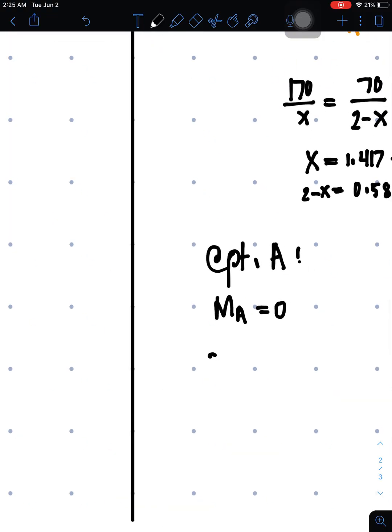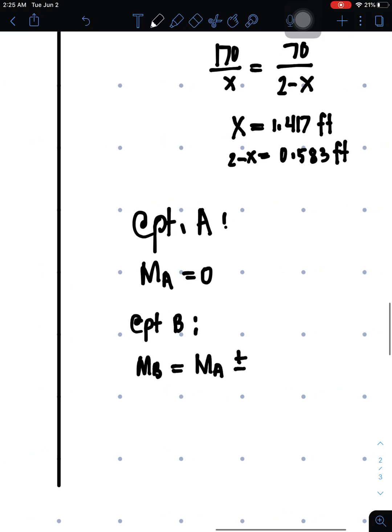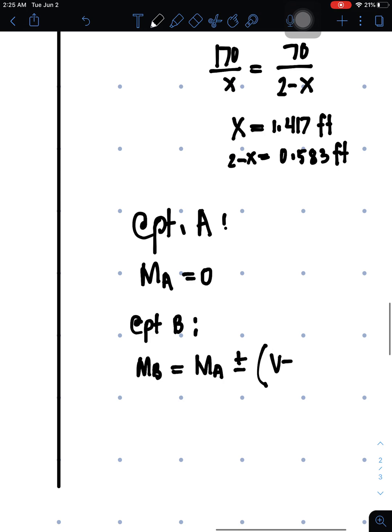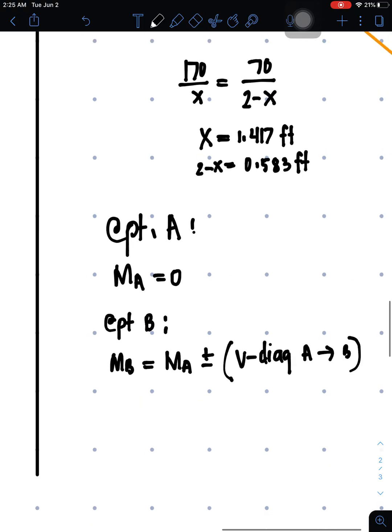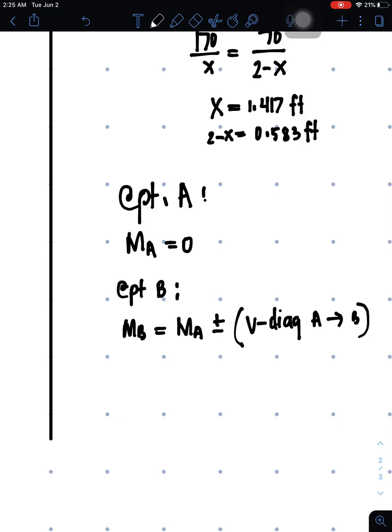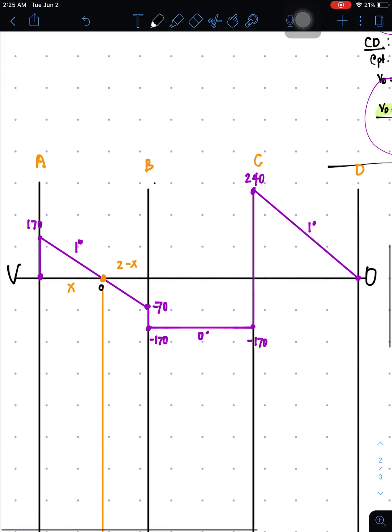Next, at point B, we're going to write the moment at B equal to the previous moment, A, plus or minus the shear diagram from A to B. So it's really important to determine the shear diagram. So what is the shear diagram between A to B?